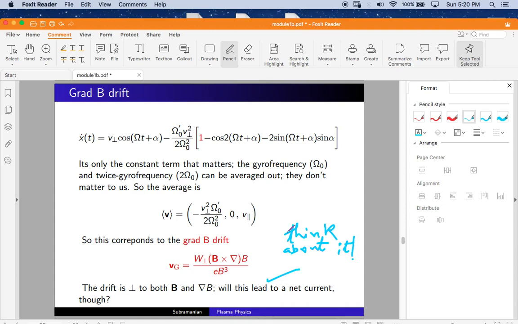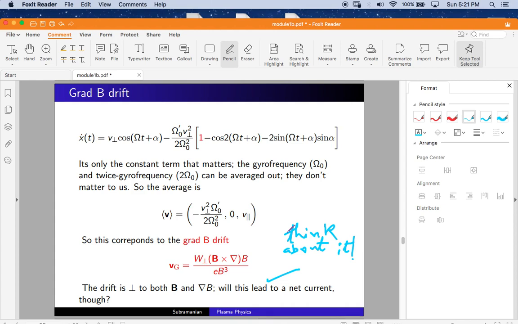But a current channel, maybe by the time we come to magnetohydrodynamics, maybe we will start talking about the kink instability and things like that. But the point is, if you have a net current, a current carrying plasma is subject to a whole host of instabilities.